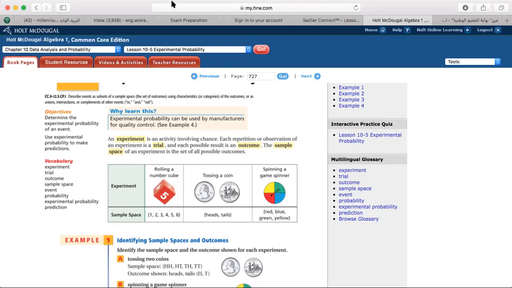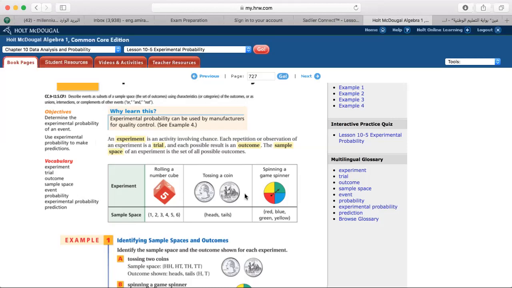Let's read again because we have many new words here. An experiment is an activity involving chance. Involving chance means, for example, rolling a number cube or tossing a coin. The observation or the outcome is by chance. I don't have a certain outcome that I know 100%. That's why it is called involving chance.